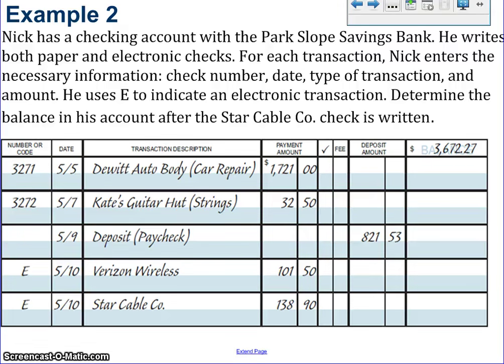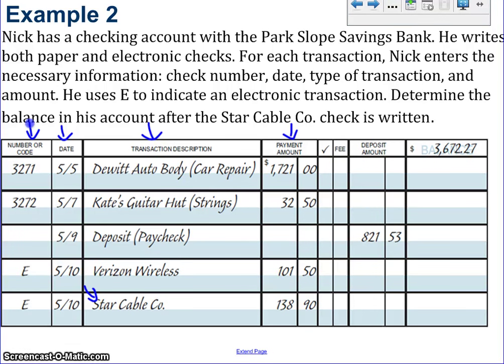It says for each transaction, Nick enters the necessary information: the check number, the date, the type of transaction, the payment amount, and he's got all of that listed in his account. It says determine the balance in his account after the Star Cable Company check is written.